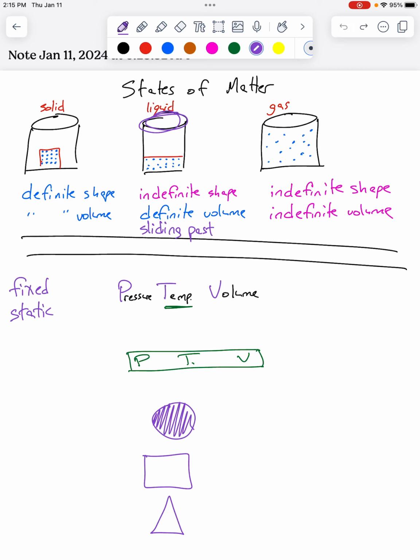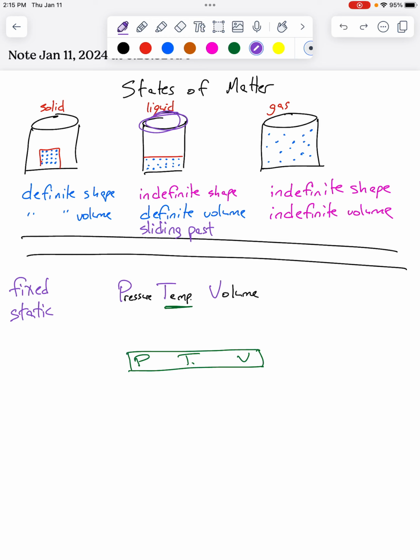I don't know if you can imagine that. So if you imagine putting the water in these containers as a liquid and then freezing it, it would be the shape of these things. So liquid changes the shape that it is, but it does not change the volume. The volume is the same regardless of what kind of container you put it in.